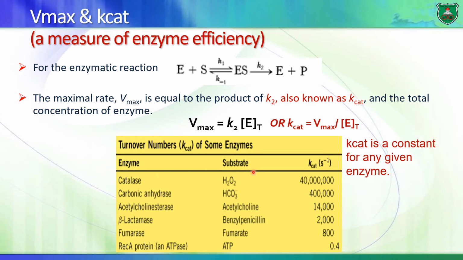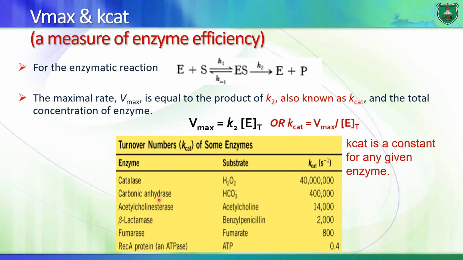And these are different catalytic constants for different enzymes. Now notice here, for catalase, it's 40 million per second. So these are the units for Kcat. What does that mean? Well, flip this number. What this tells us is that a single catalase enzyme can catalyze 40 million reactions per second.